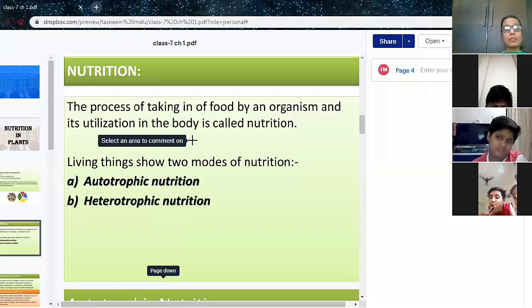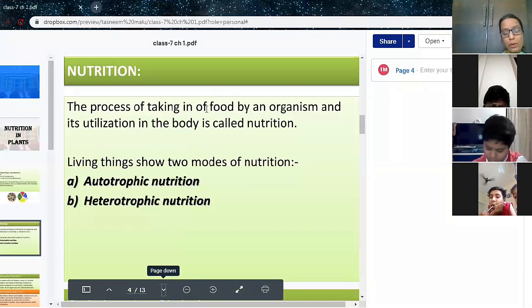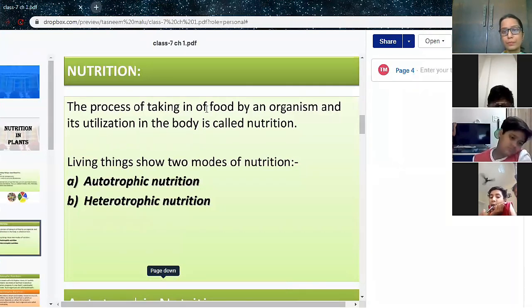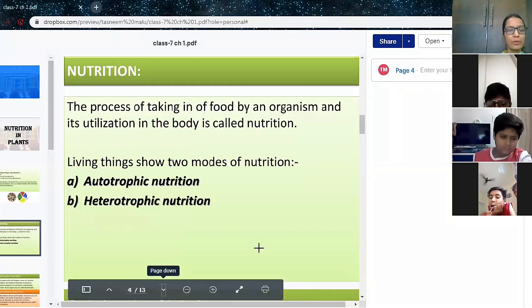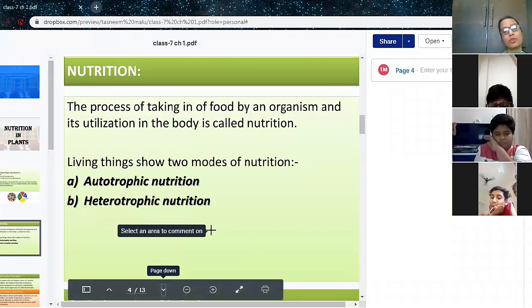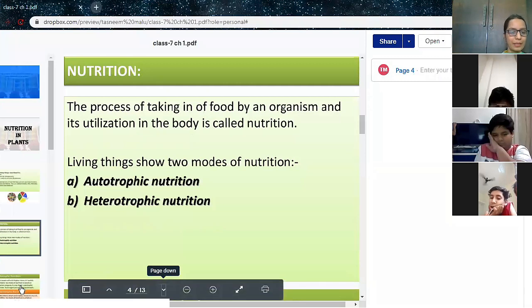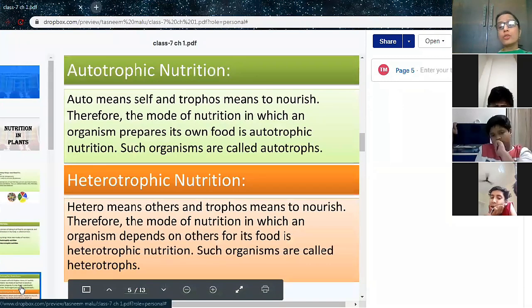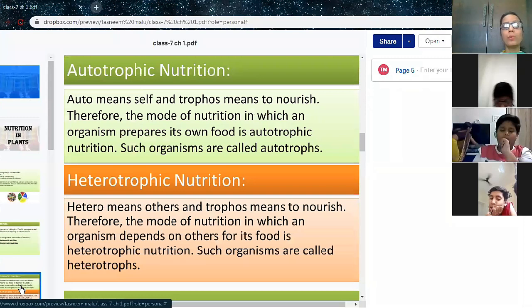Living things show two modes of nutrition. They are autotrophic nutrition and heterotrophic nutrition. Let's see. Autotrophic nutrition. Auto means self and tropos means to nourish or to feed.